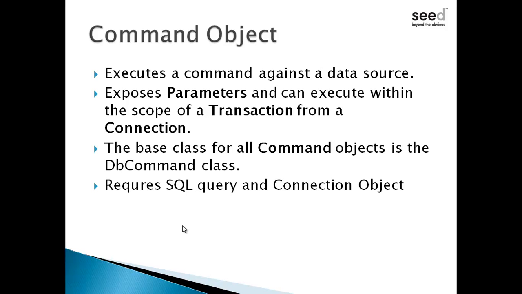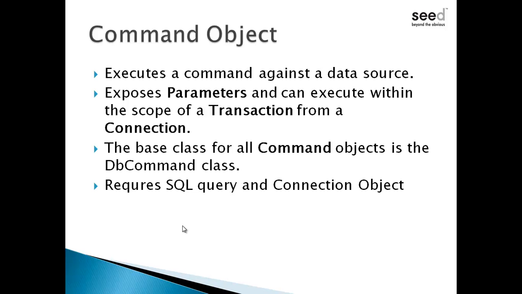When I want to update an existing record, then I will use an update command or SQL queries. So to execute these SQL queries, you'll need one object, that is the command object. It supports parameters and transactions. What exactly that means we will look at in the level 2 videos.